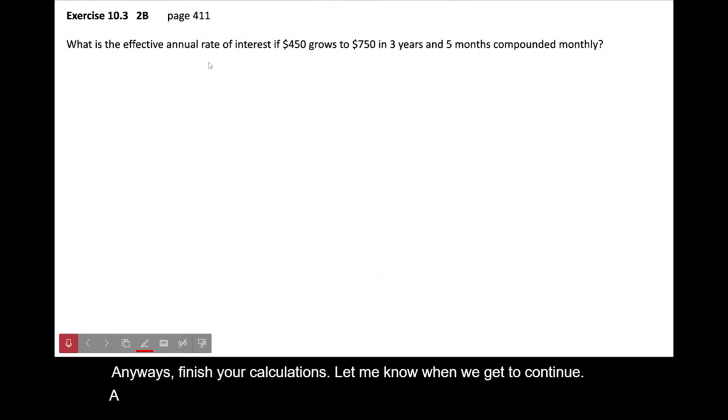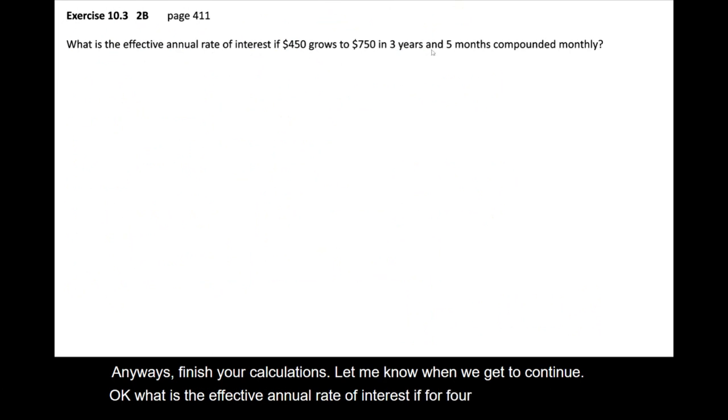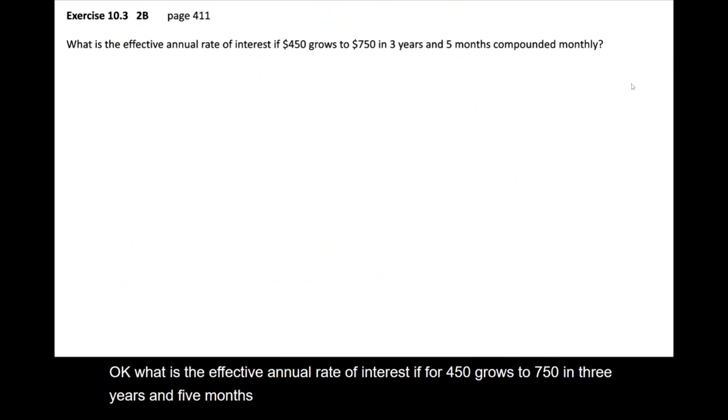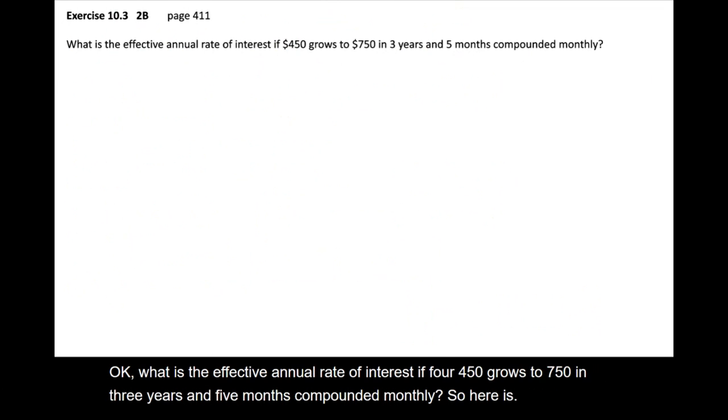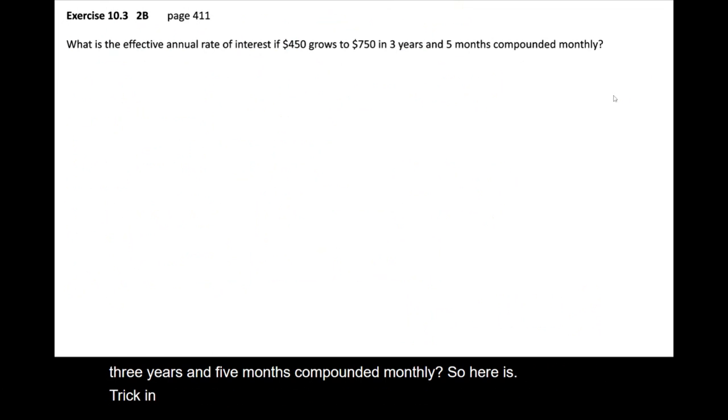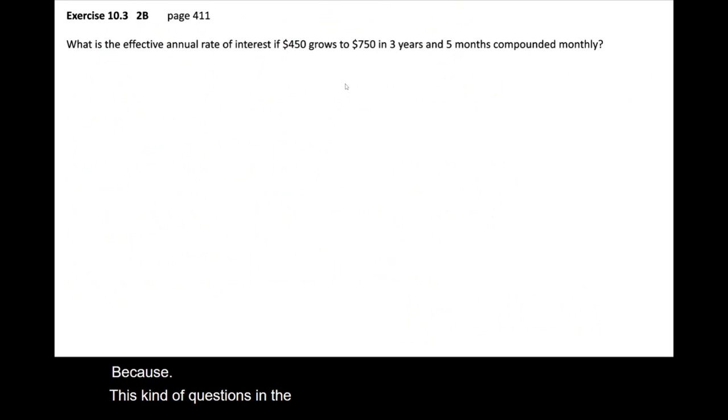Okay, what is the effective annual rate of interest if 450 grows to 750 in 3 years and 5 months compounded monthly? So here is a trick in this question. I want to show you this trick because this kind of question appears in the database in the computer assignment.